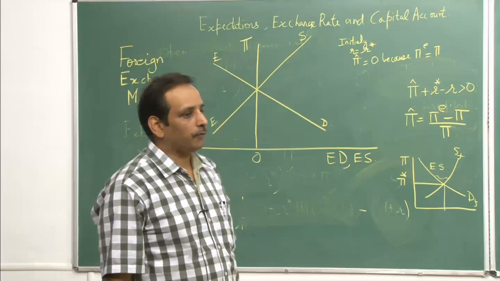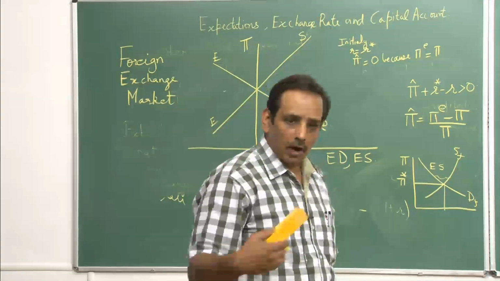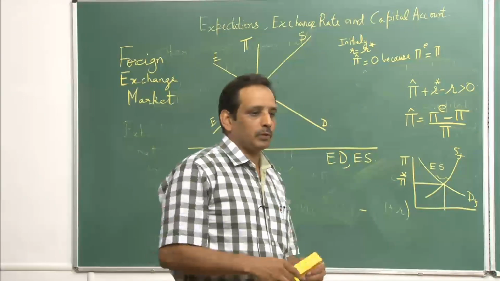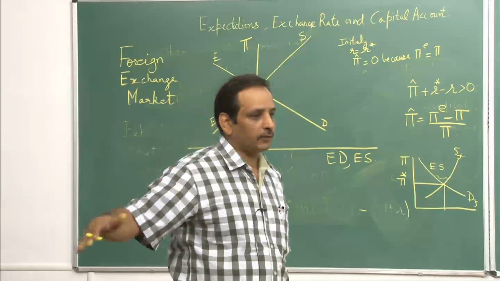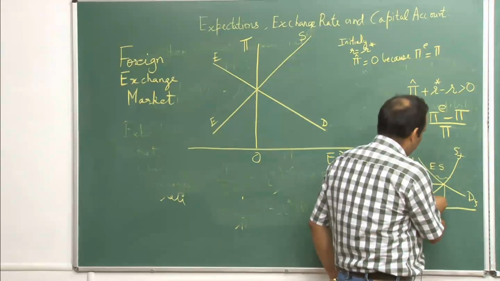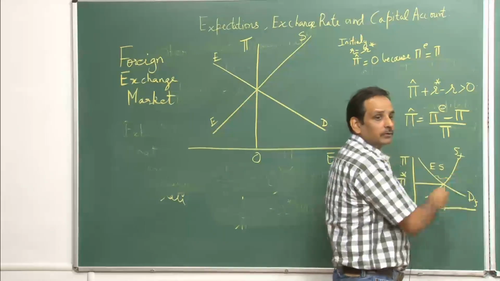So, when the foreign currency appreciated or our domestic currency depreciated, and you had assumed that the foreign demand curve is elastic, in that case you got an upward sloping supply curve.